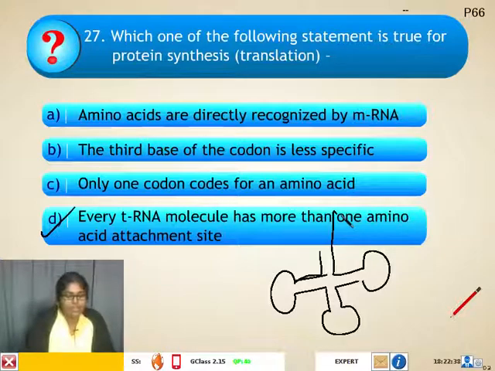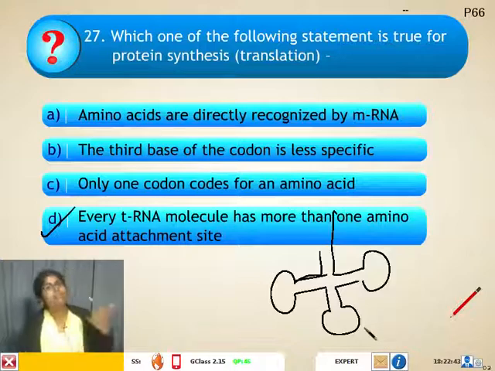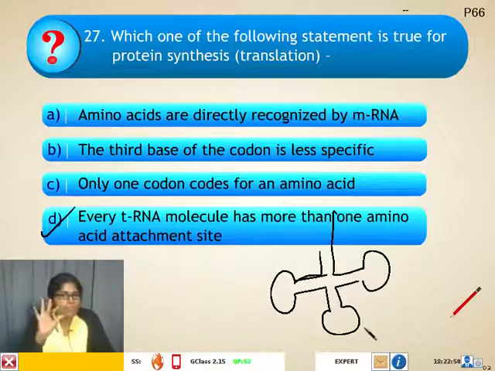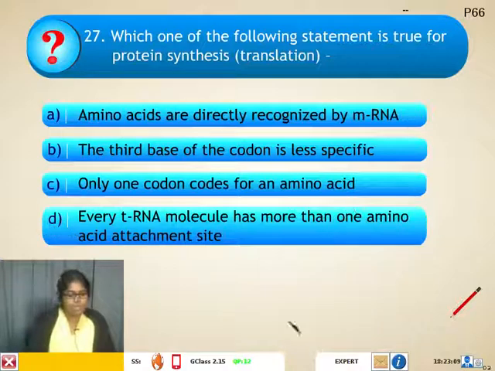So what is the question here? It says that one tRNA molecule will have more than one amino acid binding site. Is it so? First of all, where do we find this amino acid binding site? Is it towards the 5' end or 3' end? Very good, students. It is towards the 3' end. So, one molecule of tRNA will have one amino acid binding site, not more than that.